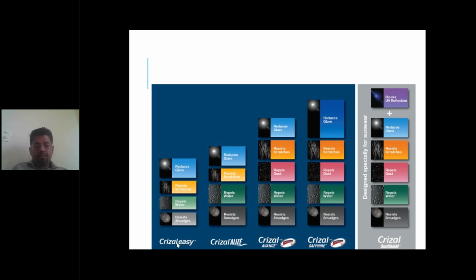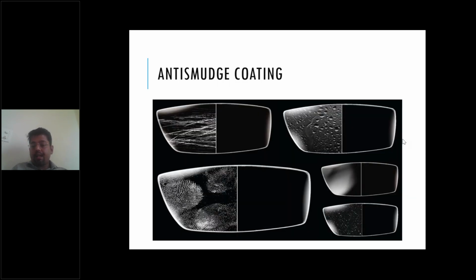Okay, do we have anything more? I have already discussed anti-smudge, and I have a clear picture of what exactly anti-smudge looks like. Here you can see the fingerprints, whereas with an anti-smudge there will be no fingerprints and fewer scratches, unless someone intentionally tries to scratch it.